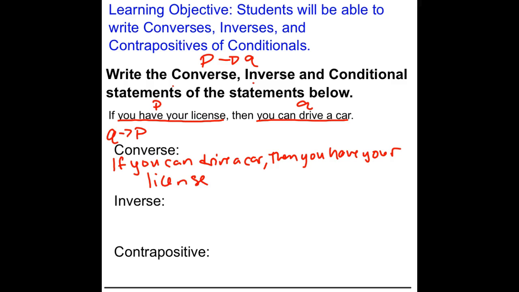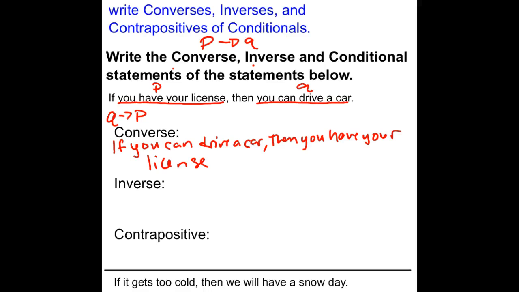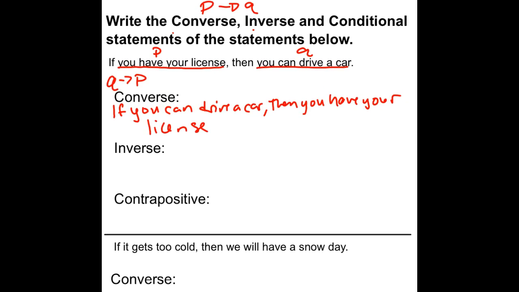The inverse and contrapositive both do similar things, not quite the same. But these result in negating occurring. So what happens with the inverse is we're saying, hey, if the hypothesis isn't true, then the conclusion isn't true. So we keep that original format, but we say the opposite of them. So you have your license.